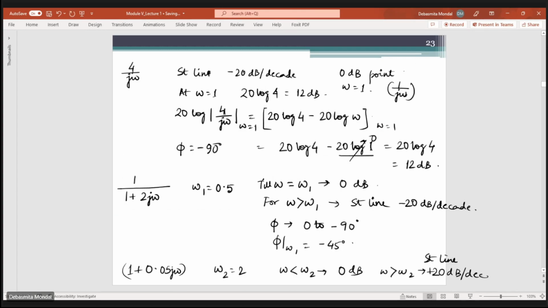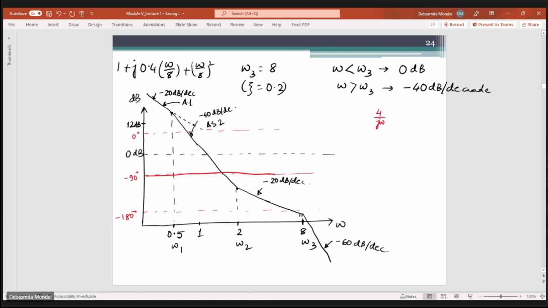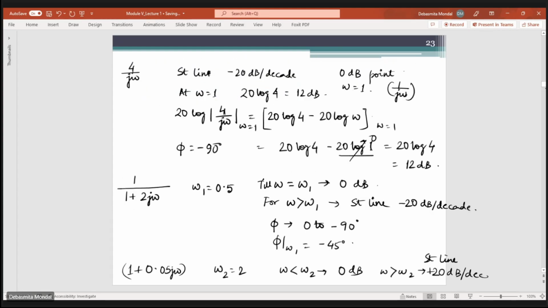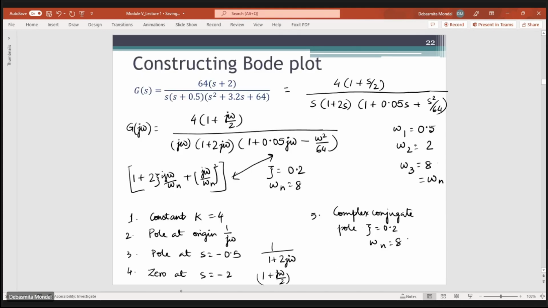Okay, for the second factor, which is 1 by 1 plus 2 j omega, it varies between 0 and minus 90 degree, something like this. For the third factor, it will vary between 0 and plus 90 degree, right?